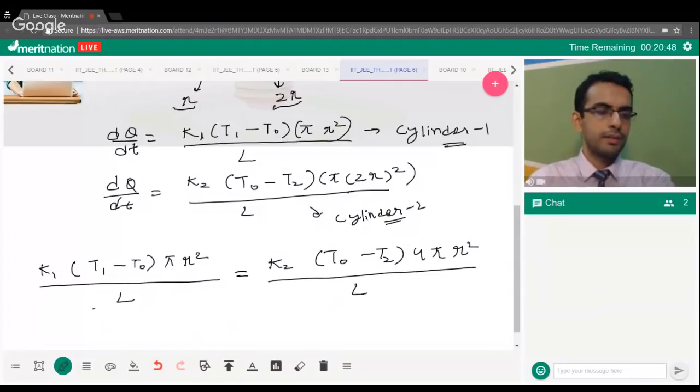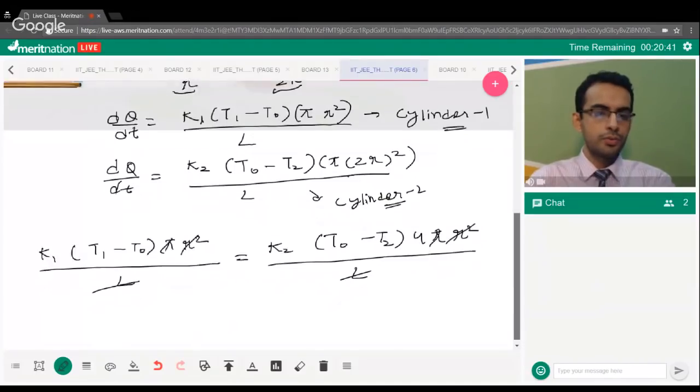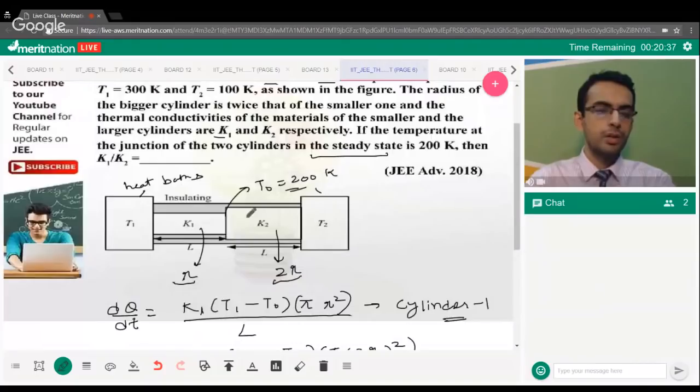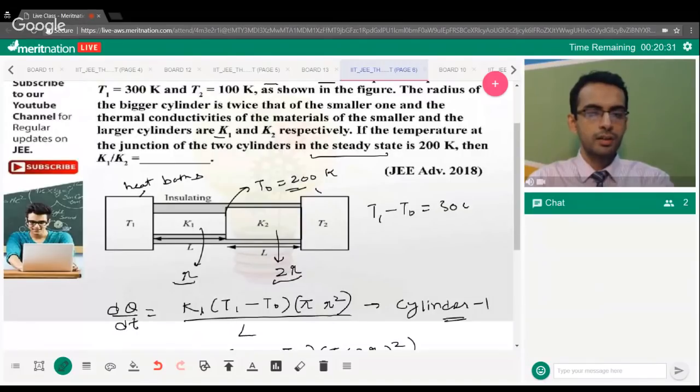So simply we can cancel out L, pi and r square. In the question, it is given that T naught is 200. So T1 minus T naught is 300 minus 200, which is 100. And T naught minus T2 is also equal to 100, because T naught is 200 and T2 is 100.